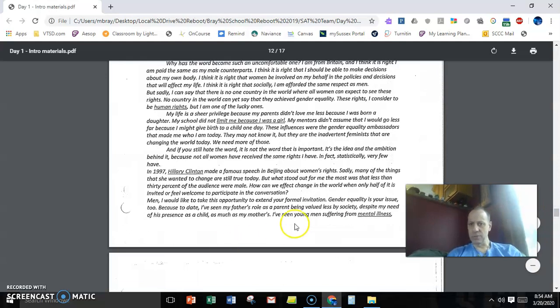And then she shifts right here. In 1997, Hillary Clinton made a famous speech in Beijing about women's rights. So she's going to go into a more logos-driven approach.